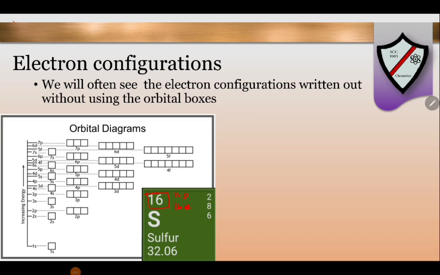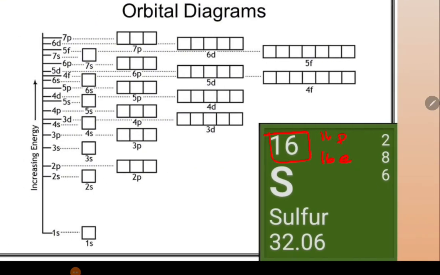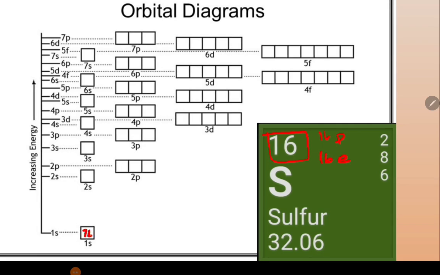So we will fill in these electrons on our orbital diagram as we already have done. Let me zoom in a little bit so we can see it. We have 1, 2 electrons, 3, 4 electrons, 5, 6, 7, 8, 9, 10, 11, 12, 13, 14, 15, 16 electrons. And so we can see what the correct orbital diagram looks like for a sulfur atom here.